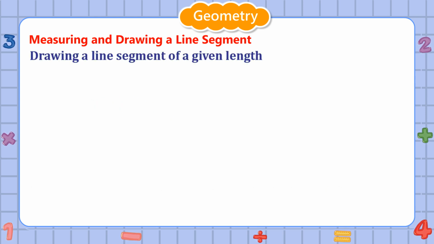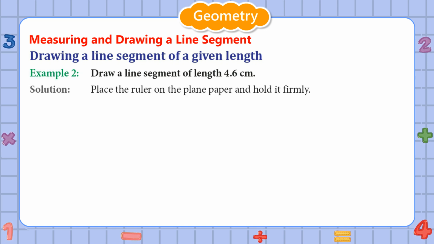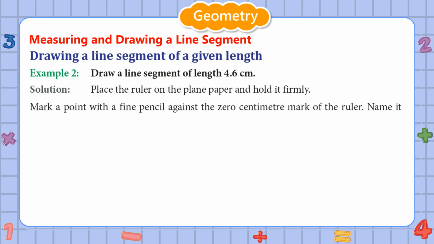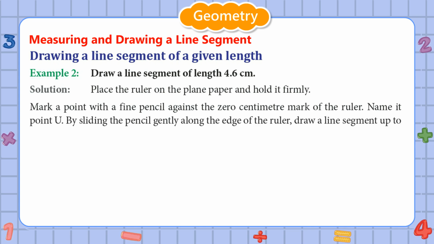Drawing a line segment of a given length. Example 2. Draw a line segment of length 4.6 cm. Solution. Place the ruler on the plain paper and hold it firmly. Mark a point with a fine pencil against the 0 cm mark of the ruler. Name it point U by sliding the pencil gently along the edge of the ruler.